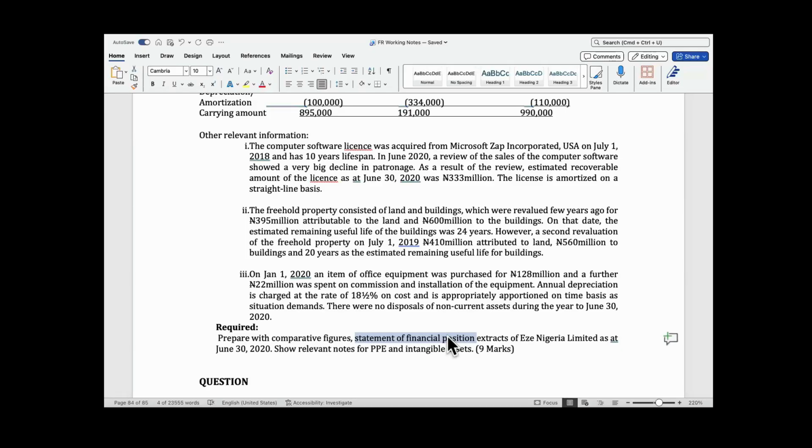And they want you to put comparative figures. Meaning, as you are putting the figures for June 30th, 2020, you must also put for the previous year. That is June 30th, 2019. That's comparative figures.